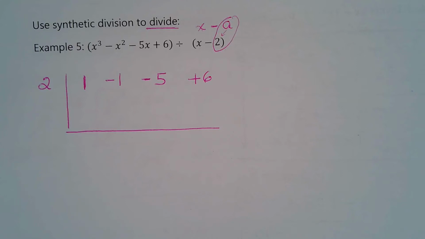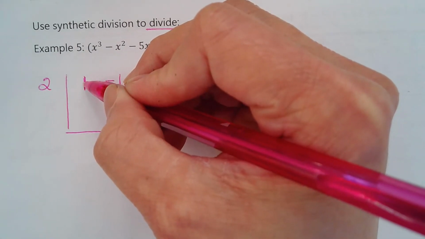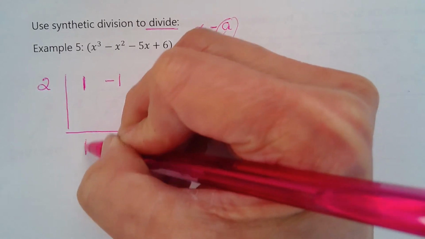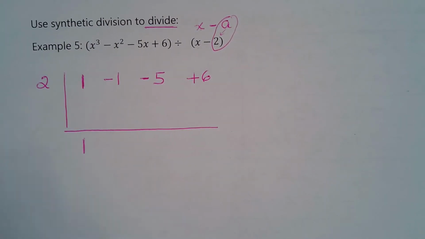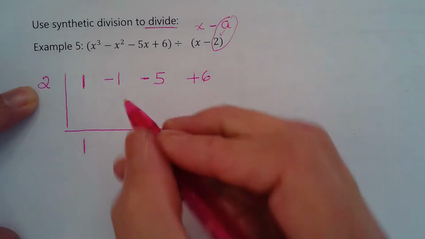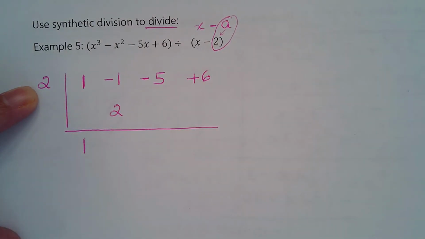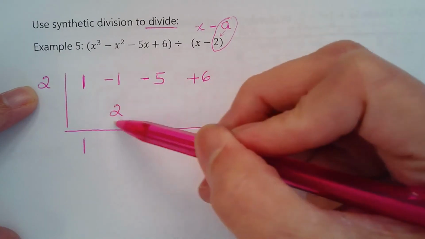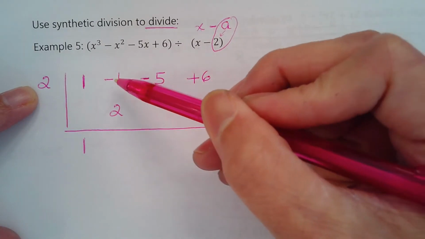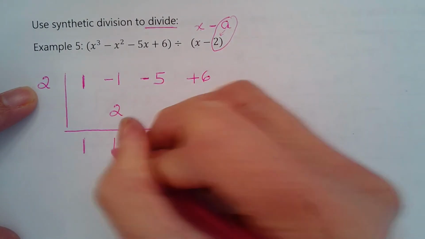The very first thing we do is bring this coefficient down. Then we multiply 1 times 2, which gives us 2, and we put the 2 here. From here we add them up: negative 1 plus positive 2 is 1.